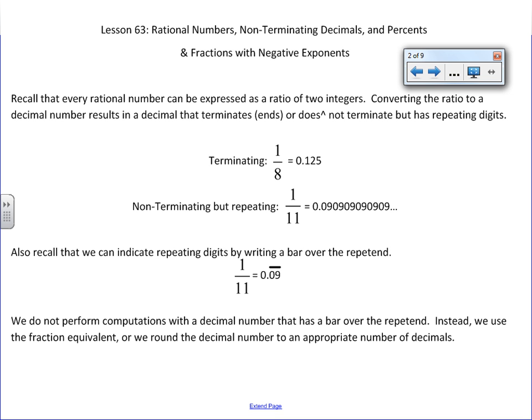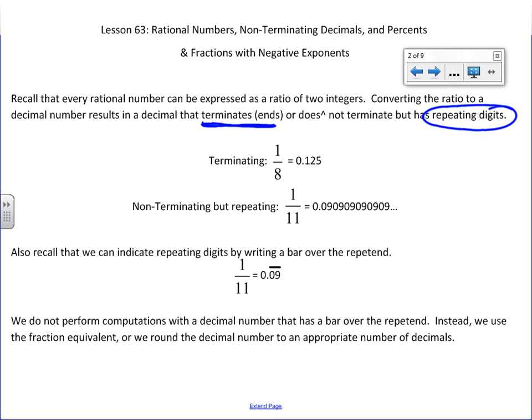So, once again, converting the ratio to a decimal number results in a decimal that either terminates, meaning it ends, or it does not terminate but has a repeating decimal. And that is if it is a rational number. Those are the two types of rational numbers you can have when you're talking about ratios.